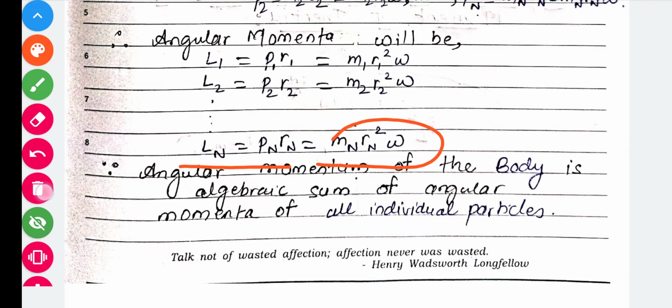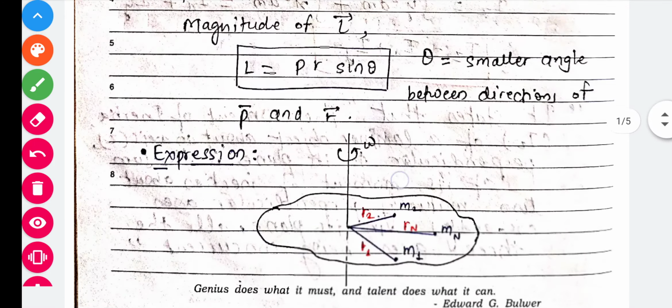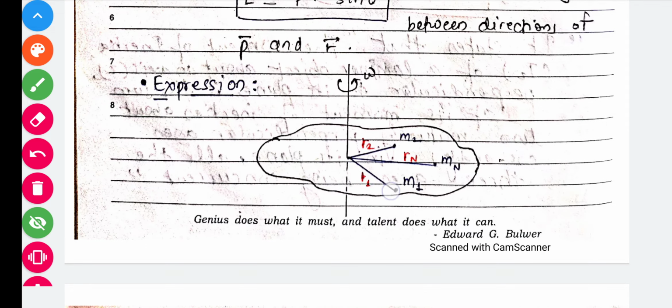What we have to consider here is that the angular momentum of the body is the algebraic sum of the angular momentum of all individual particles. That means, whatever the angular momentum of each particle, if we add them, we will get the angular momentum of the whole body.